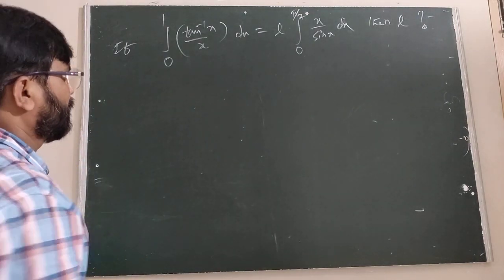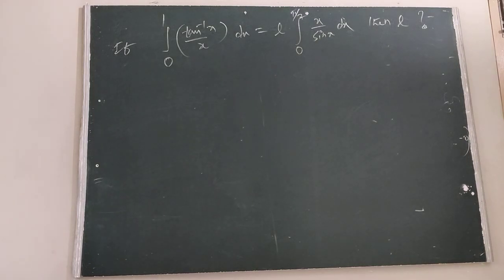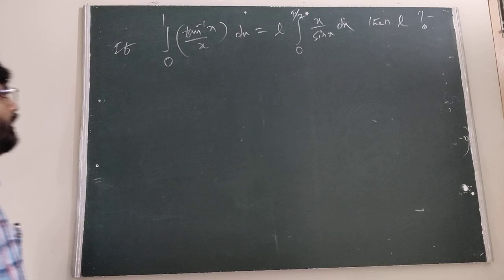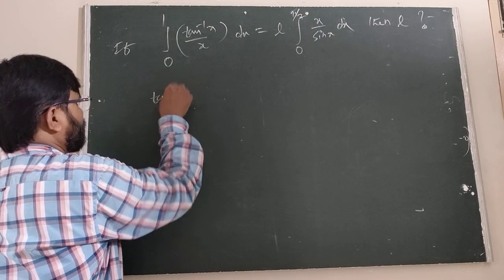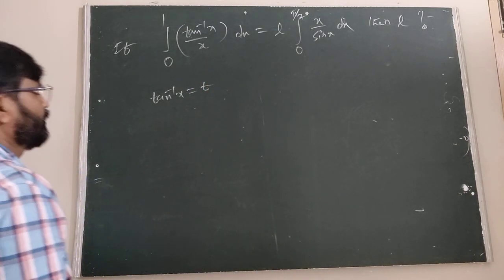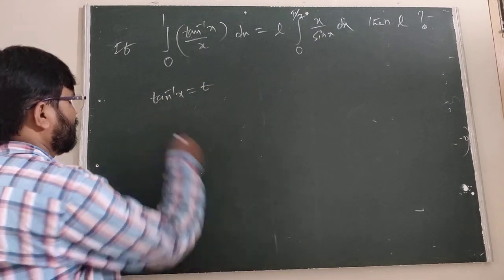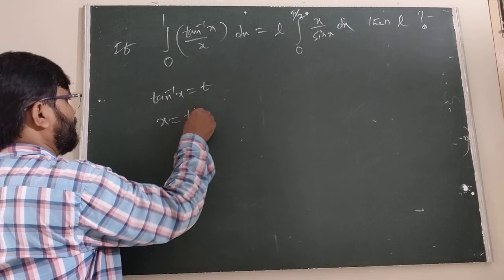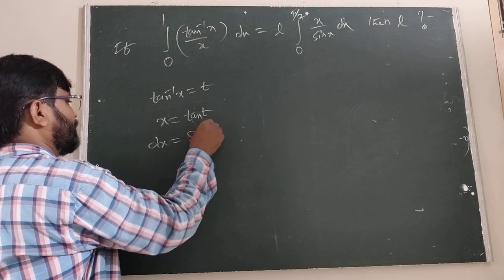Here the L is 0 to pi by 2 x by sin x. Therefore here on the left hand side there is tan inverse of x. The tan inverse of x we take as t. Therefore when we take tan inverse of x as t, here x equals tan t. The derivative of tan is the secant square t.